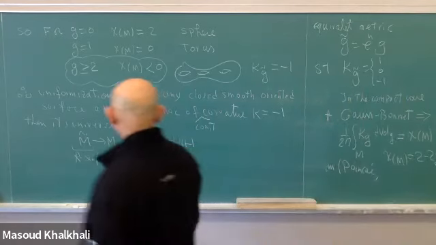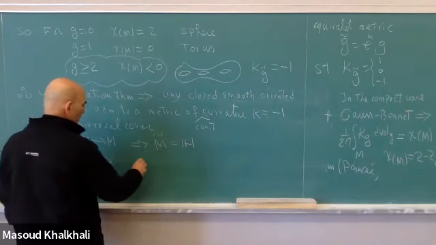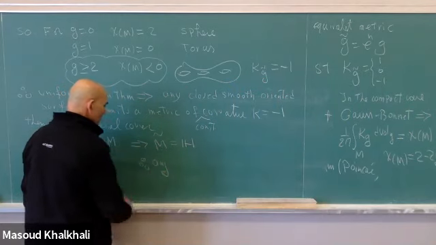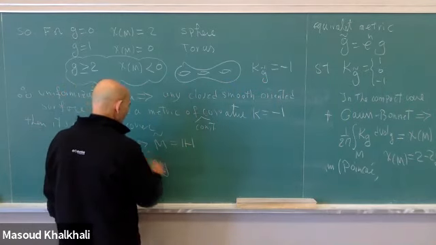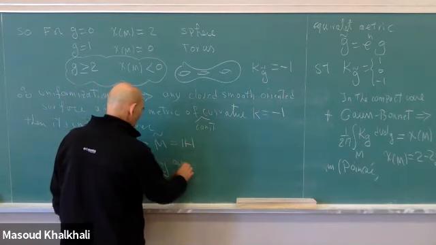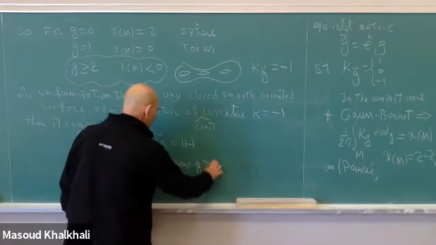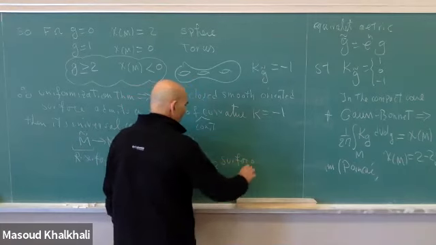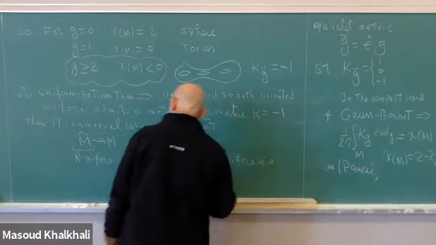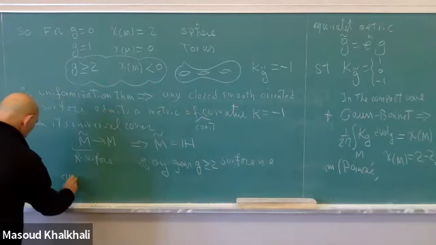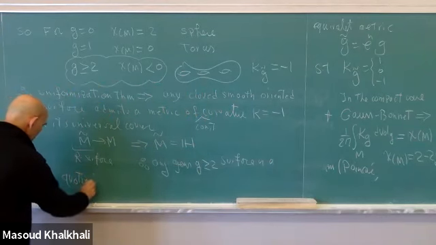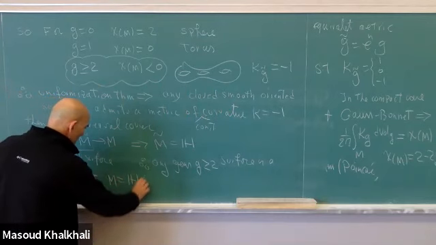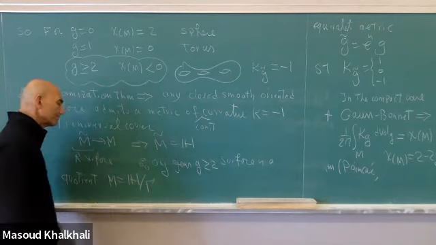Okay? So the nice result now is the following, that any genus g bigger than or equal to 2 surface is a quotient H by gamma.